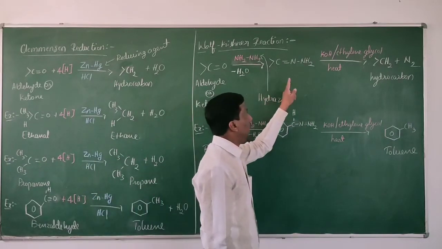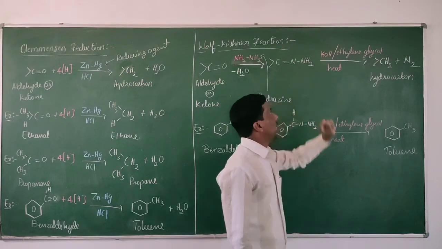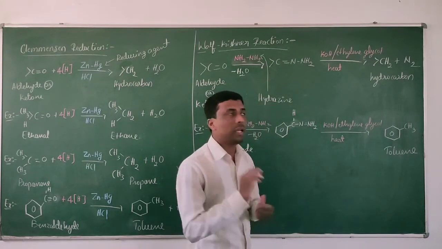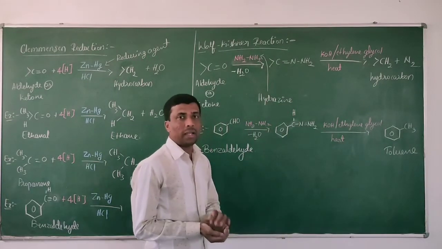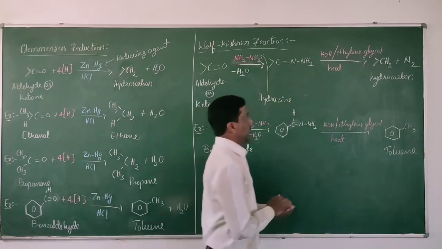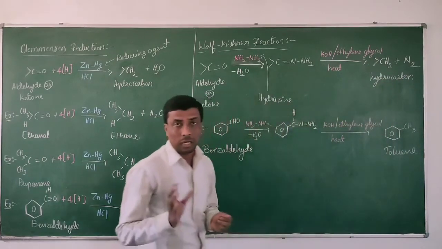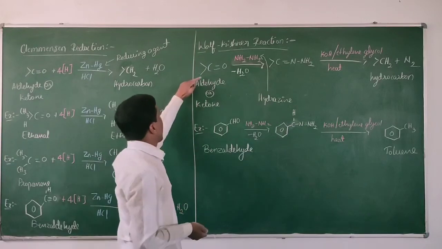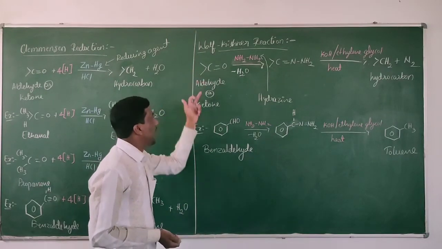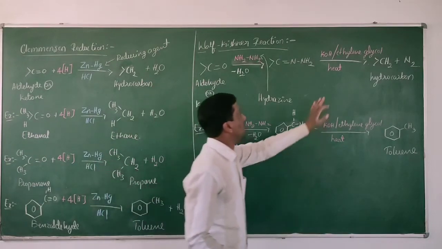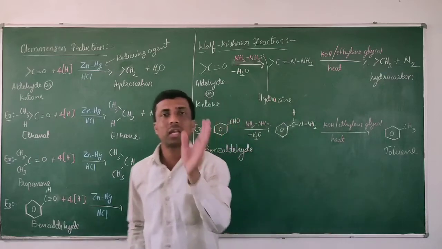And this hydrazone undergoes reaction with potassium hydroxide in the presence of ethylene glycol on heating. Again, reduction takes place to form the corresponding hydrocarbon. The same number of carbon atoms as in the parent aldehyde or ketone will be there in the hydrocarbon formed as the product.